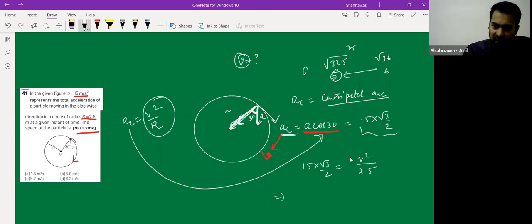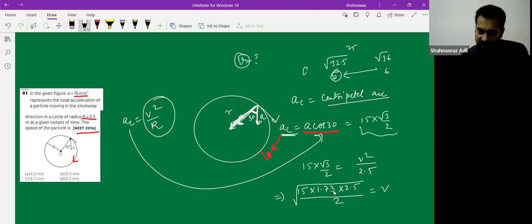So we can calculate the value of v. It will be 15 times 1.73 times 2.5 divided by 2 under the root. Let's calculate the approximate value: 17, 15 and 2.5, so this is 7.5.